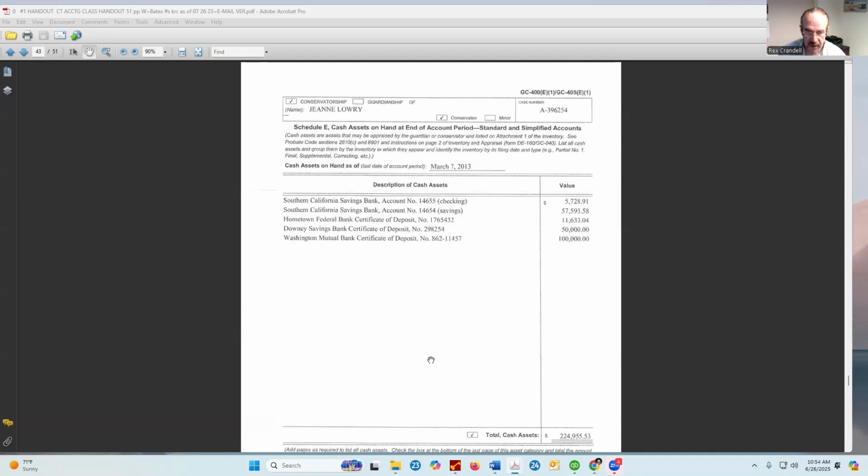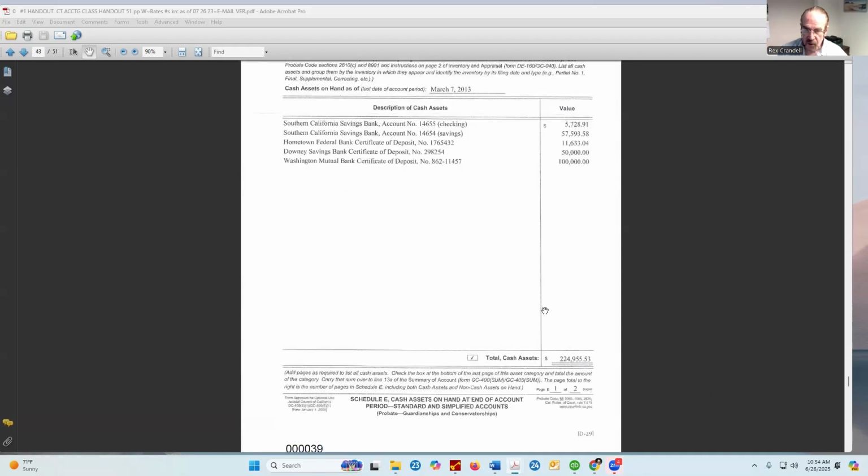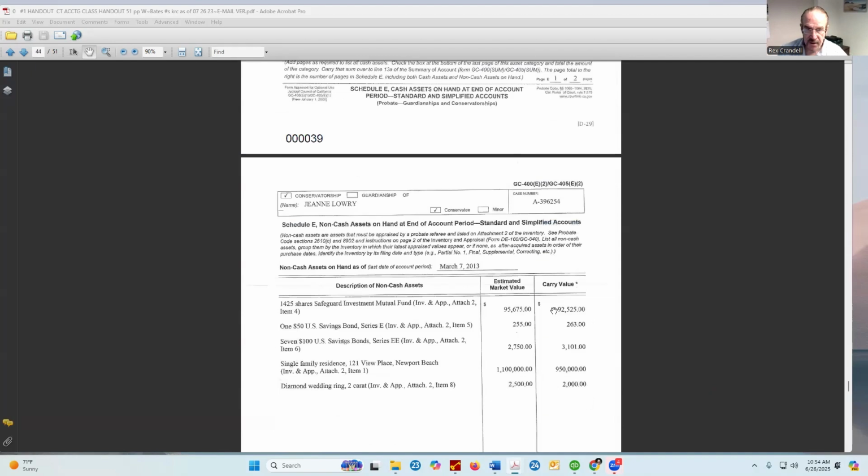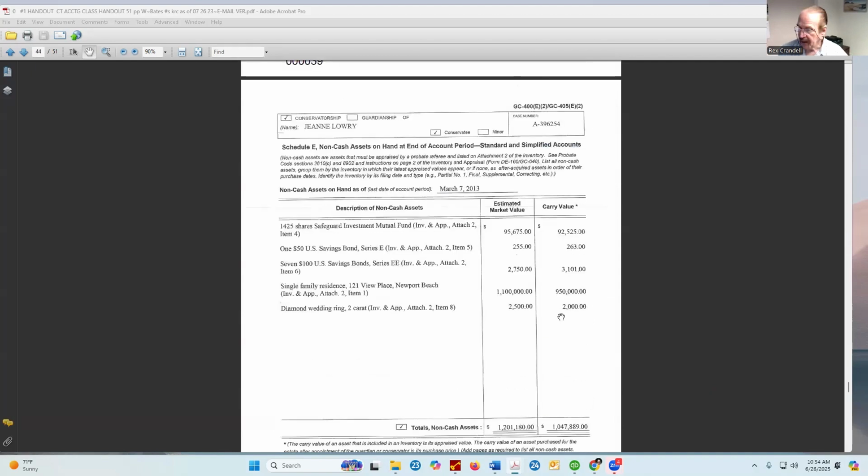Okay, so we're on page 39. List the reconciled balances of all the cash accounts. Take the total forward to the GC 400 sum. And then we have the carry value of all the non-cash assets in the right column.